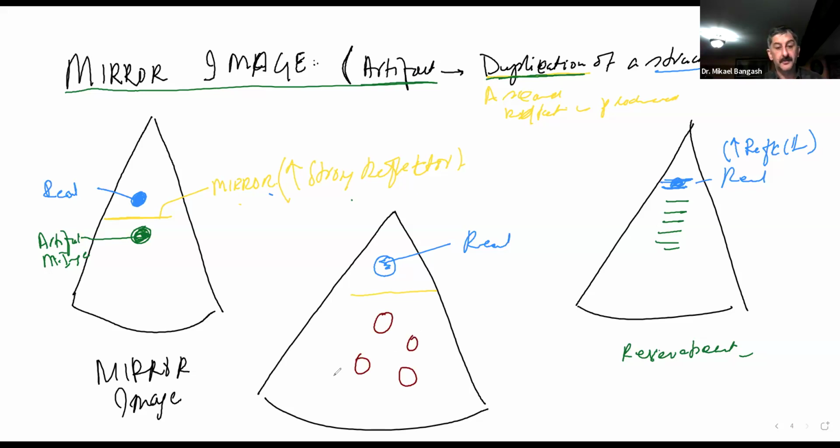Now, let me just put it this way. Only one of the four of these circles here is a mirror image. And let's label them as A, B, C, and D.